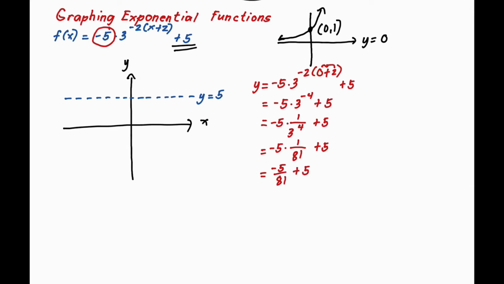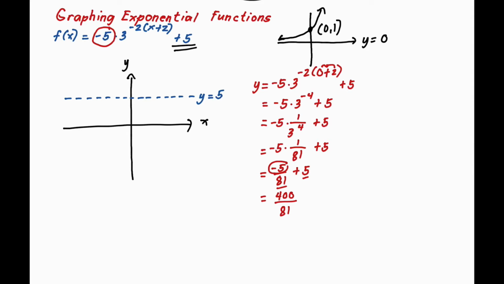In here, you can now use your calculator, or if you want to answer it manually, you can multiply 81 by 5 first. That's 405. And then subtract 5, and that's 400. So 400 over 81. What is the value of this in decimal form?